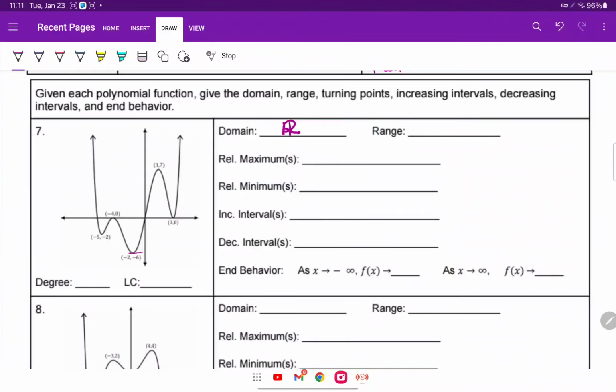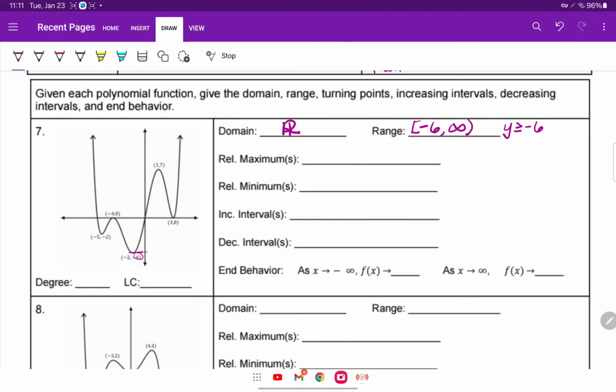The lowest that this graph goes is -6. So our range goes from -6 to positive infinity. Bracket, parenthesis, because any point on this graph is a solid circle. You could have also said y's that are greater than or equal to -6.